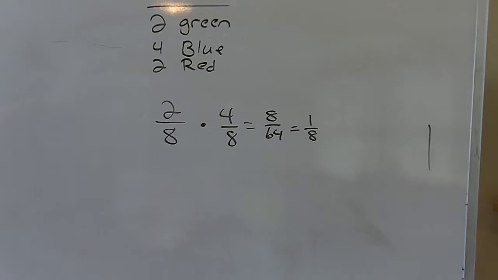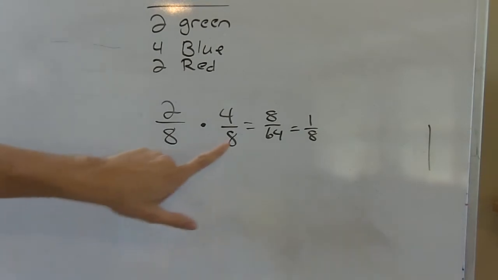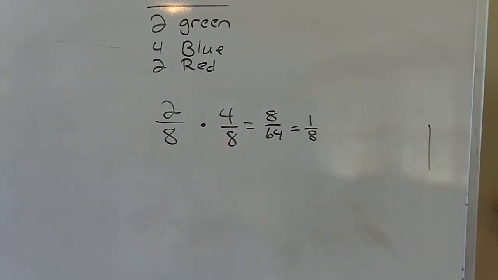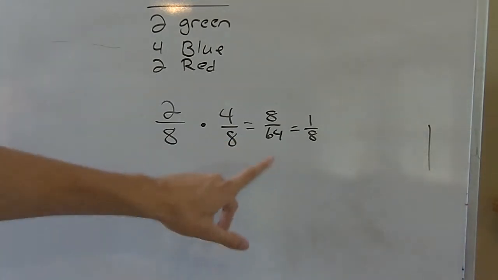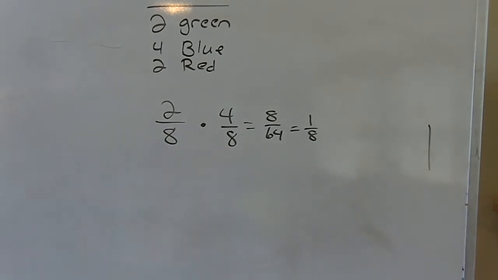But here we go. This is going to use a lot of information from the previous sections, from 12.7 all the way up through 12.9. On the bottom, we have the total number of marbles in the bag on pull 1. Here's the total number of marbles in the bag on pull 2. So when I multiply 8 times 8, that means there's a total of 64 possible pull outcomes for the 2 pulls together.